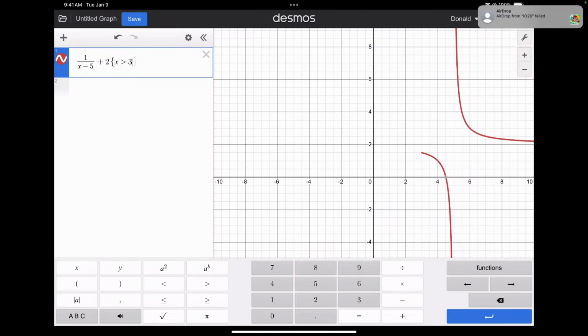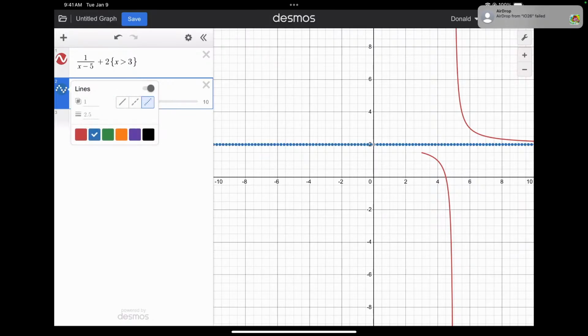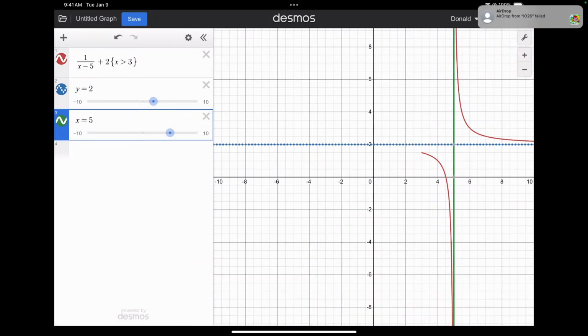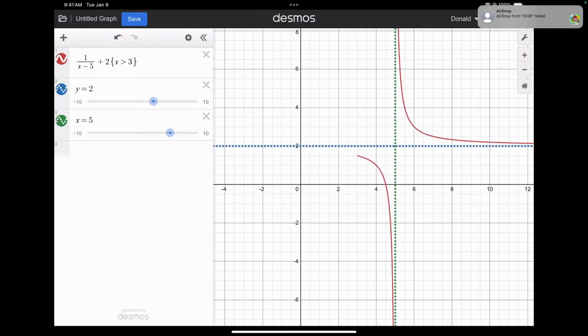And it's going to be like this. And if you want to show you that y equals 2, and it's going to be some dotted line like this, and you can see that x is equal to 5. It's going to be some dotted line like this, and yes. And this is what an asymptote looks like.